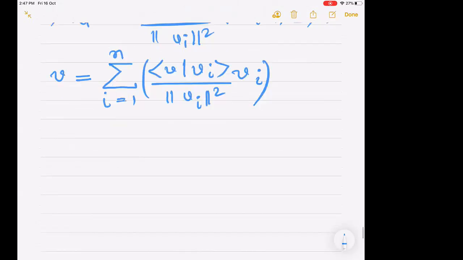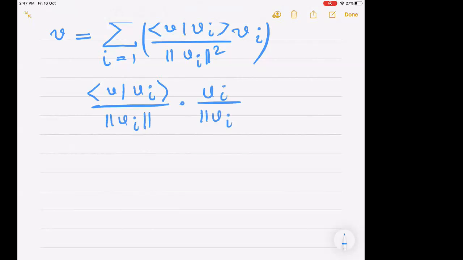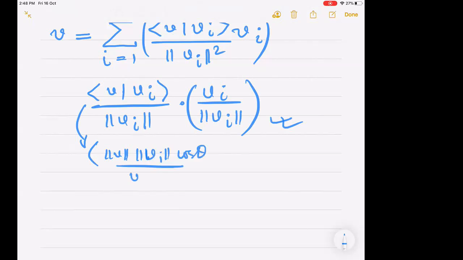Indeed, once again, I've said this before. When we look at this expression, it is the inner product of V with Vi divided by the length of Vi. So Vi divided by its length is the unit vector along Vi, and this is the magnitude of V times cos theta. Indeed, over R2, this is mod V, mod Vi and cosine of theta divided by mod Vi.